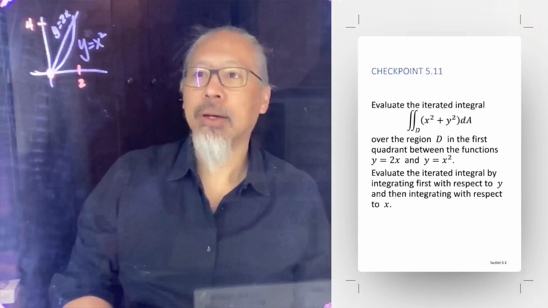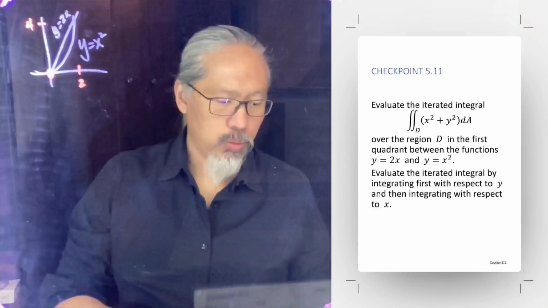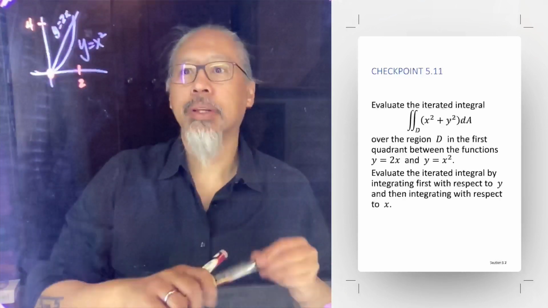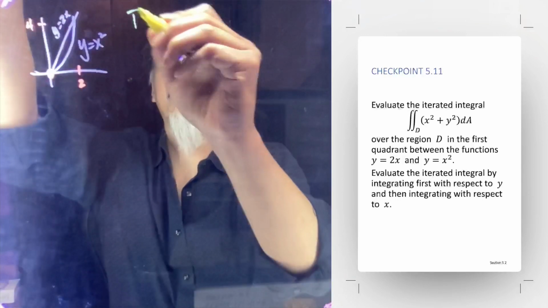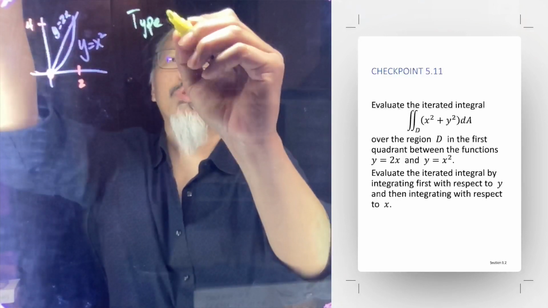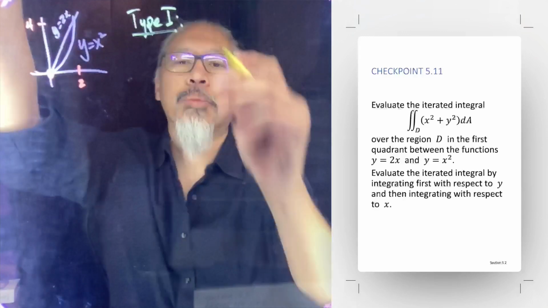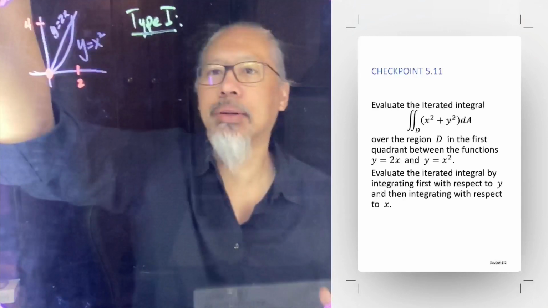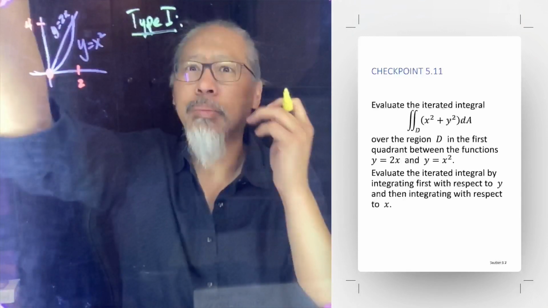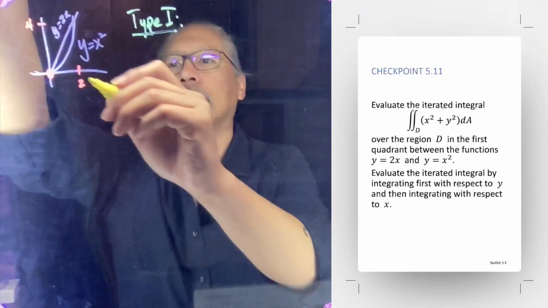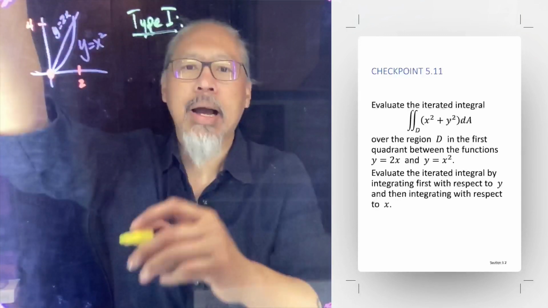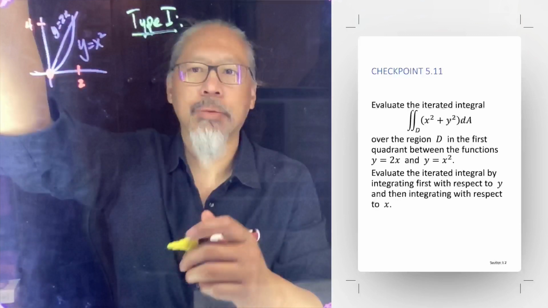Okay, this is going to be a type 1 region. We don't need to memorize the types, though I guess it would be good if we did, but it's more important to figure out how these limits of integration come about.